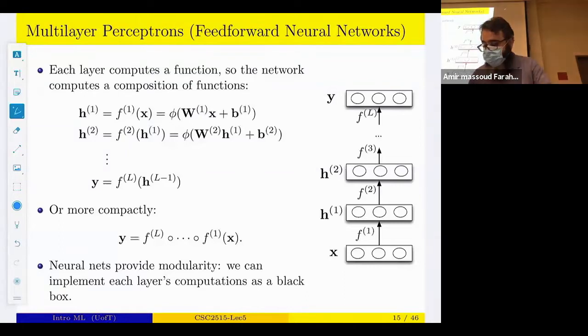They are put in this linear structure where the input is multiplied by W1, which is a matrix, goes through an activation function, and generates H1. Then H1 is multiplied by the weights in the second layer, and so on until we get to the last layer.